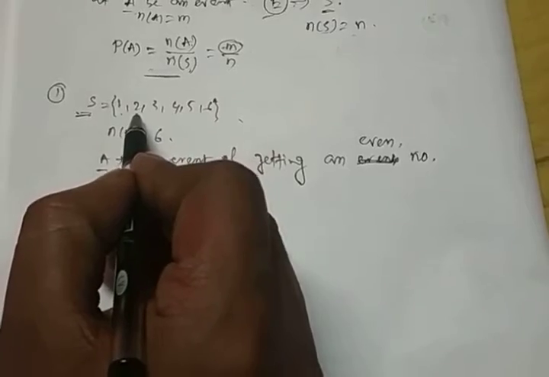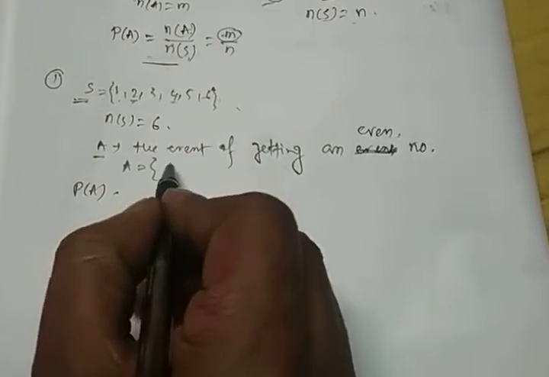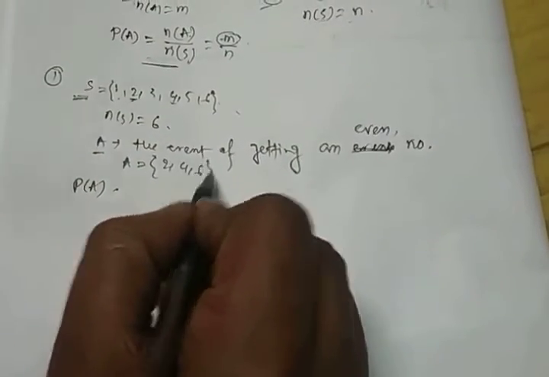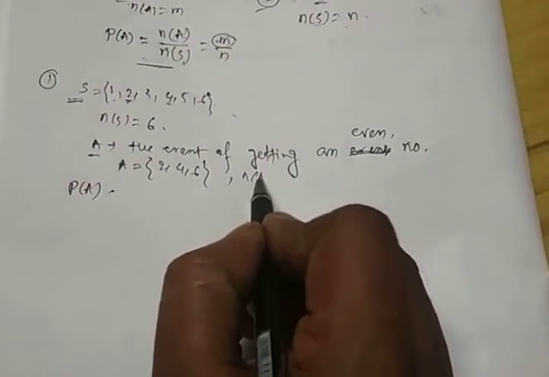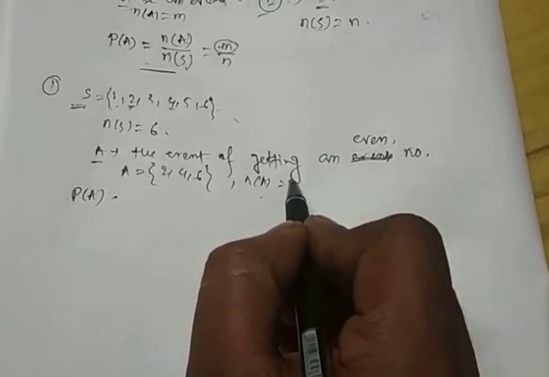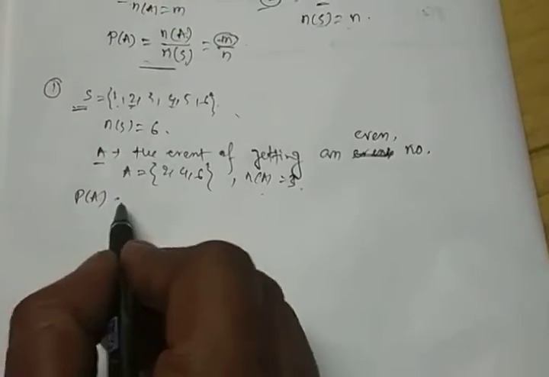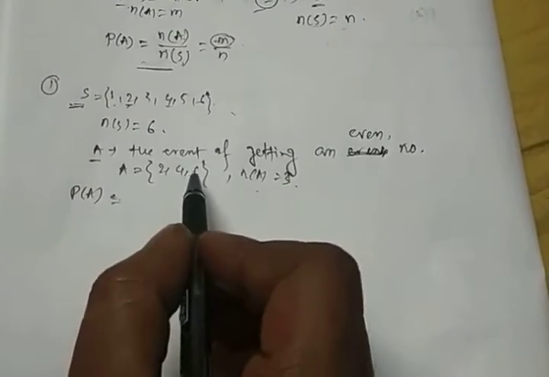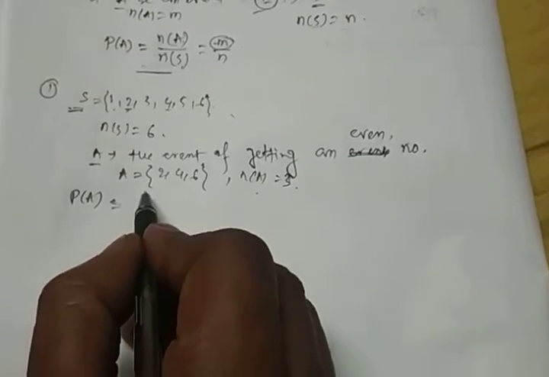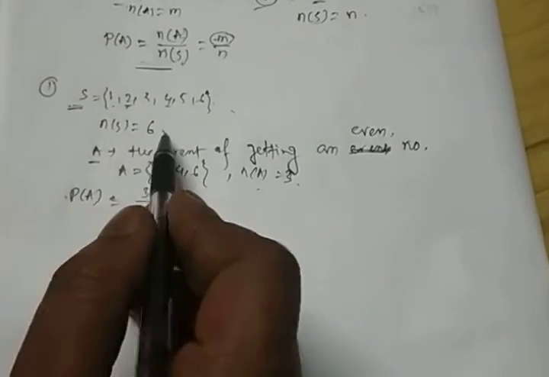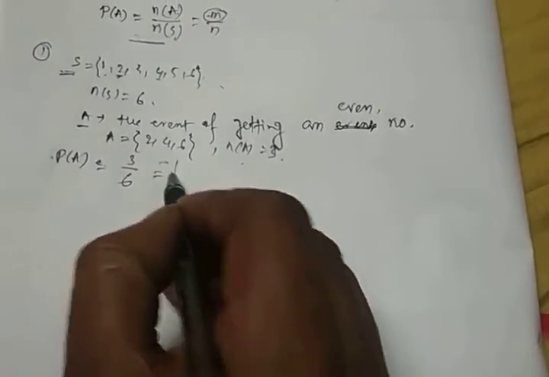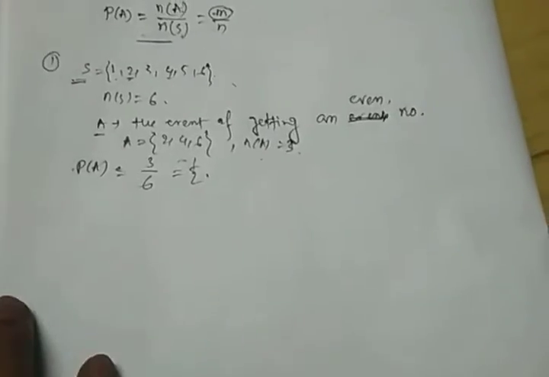Which are the favorable points? Even numbers are 2, 4, 6. So A will contain these elements, so the number of A will be 3. By the definition of probability, P of A will be the favorable outcomes of A, which are 3, and the number of total outcomes, which is 6. So the probability will be half.